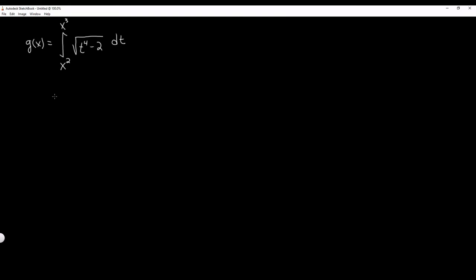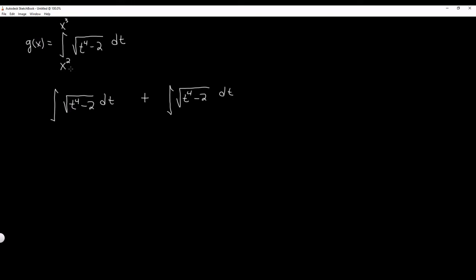So we're going to say, and we're going to leave the upper and lower limits of integration empty for right now, the integral of the square root of t to the 4th minus 2 dt plus the integral of the square root of t to the 4th minus 2 dt.